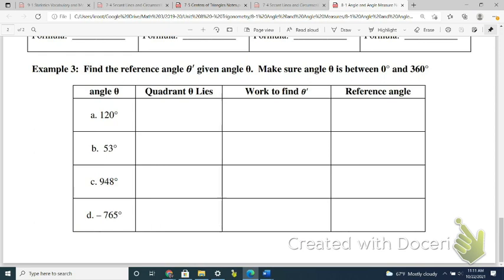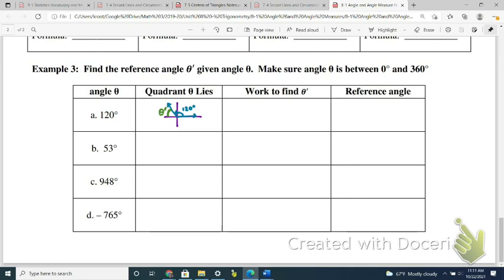So if I draw a 120 degree angle, so here's my x-axis, my angle's here to 120 is about there. So there's 120 degrees. My reference angle is how far is it from the nearest x-axis.